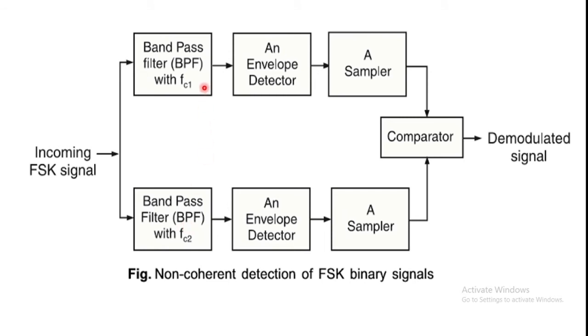So FC1 is greater than FC2 and it will give binary symbol 1, and otherwise the decision is made in favor of binary symbol 0. And this is the non-coherent detection of binary FSK signal.